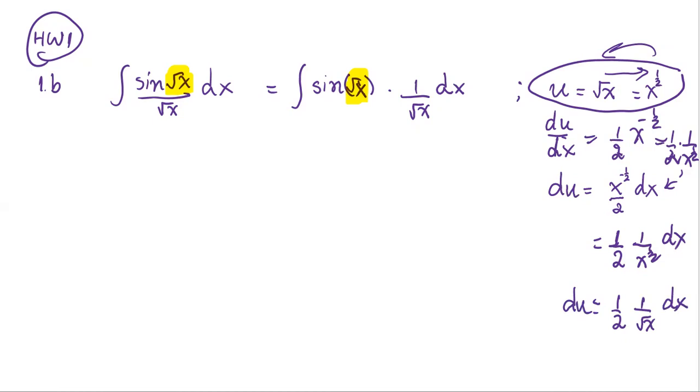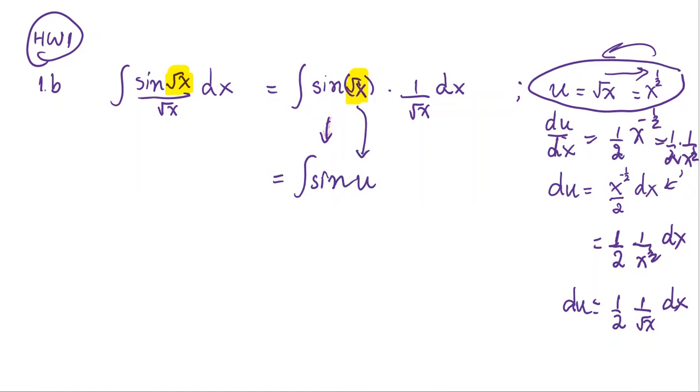Okay. So from this point down, are you able to continue the rest of the problem? Okay, one more hint. So right now this one becomes the integral of sine of u, correct?